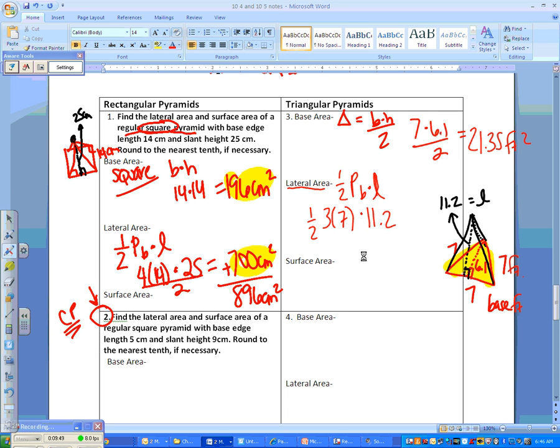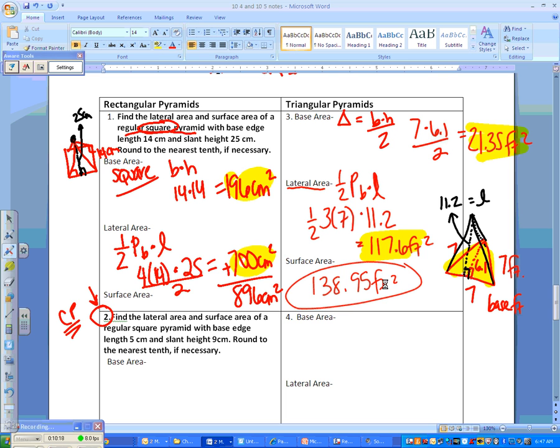So if we multiply all these together, 3 times 7 times 11.2 divided by 2, I get 117.6 feet squared. And then to find surface area, remember, we take the lateral area, we add it up with our base area, and we get that the final answer is 138.95 feet squared.